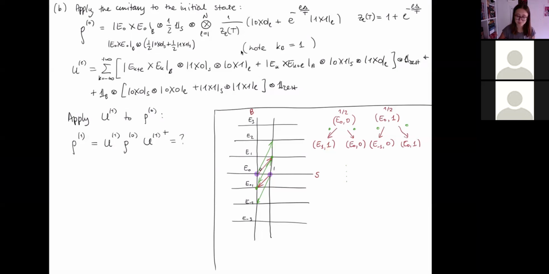Now let us see what are the probabilities of the steps that we make in this random walk and why this works. So for this, we still need to apply our U1 to the initial state rho 0 and try to recover the pattern that I just told you about.